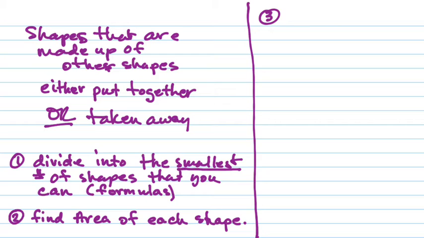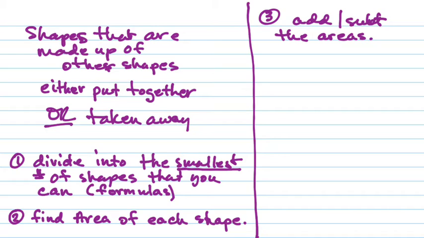Step 3, add or subtract the areas. Sometimes you're going to be finding the area of a cutout space. In that case, you would subtract it. But if you're just dividing it up into lots of pieces and then you find the area of each piece, then you'll add it. So be aware that you need to either add or subtract.